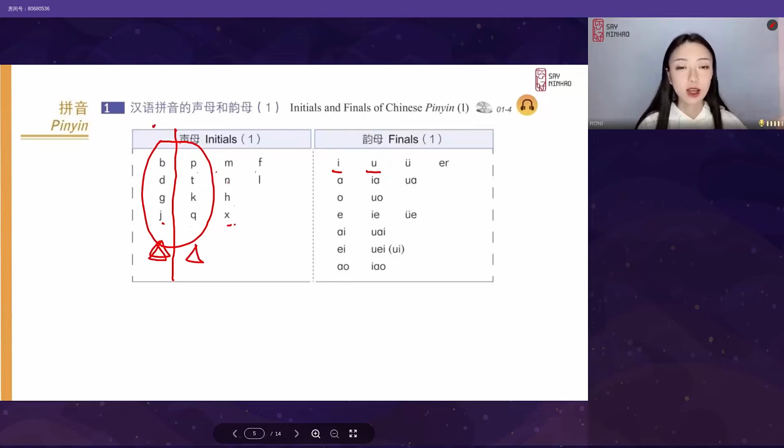Sounds like a train. Next, ü. Next, er. You can try to pronounce e first and then roll up your tongue.